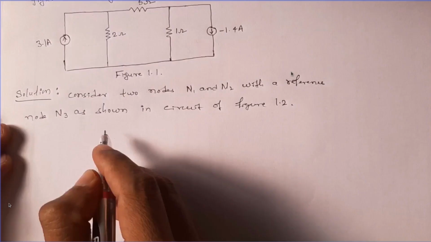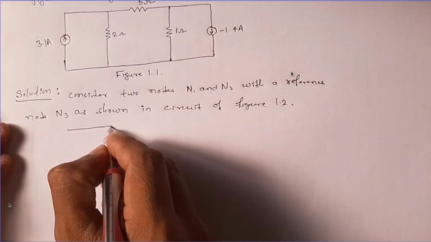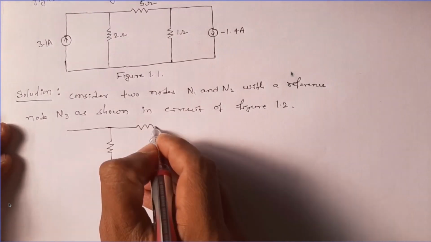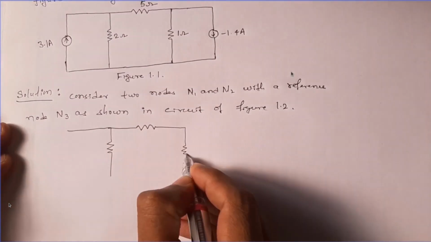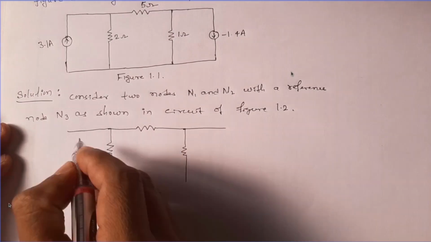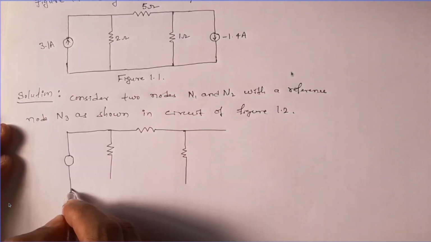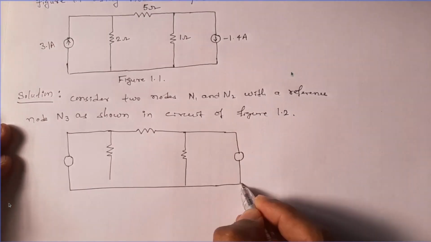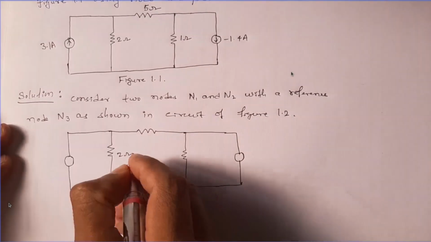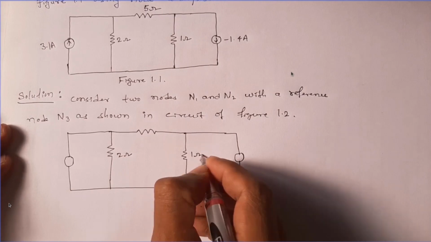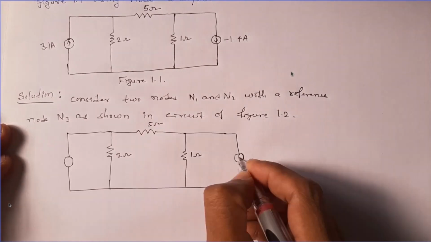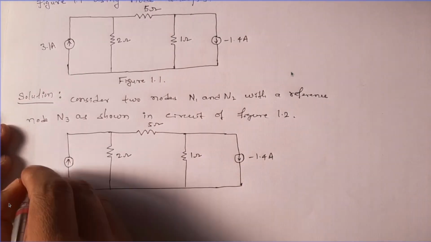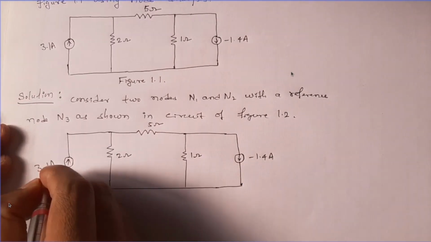The same circuit I will draw, but with nodes and node voltages. This is the given circuit, right? Here the resistors are 2 ohm, 1 ohm, and 5 ohm. This current is minus 1.4 ampere, and this current is 3.1 ampere, right?